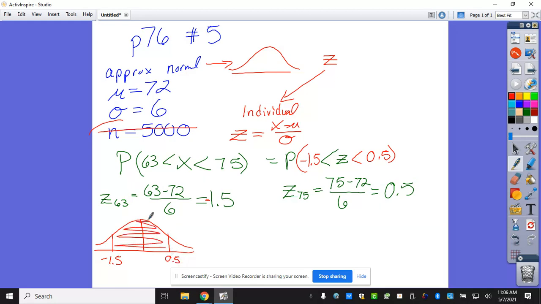I can use my green sheet or my calculator. If I use my green sheet, my area for negative 1.5 is 0.0668, and my area for 0.5 is 0.6915.